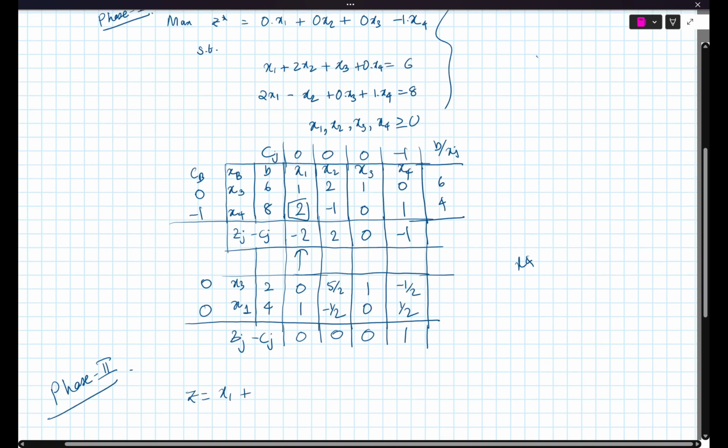Infinite solutions. Yeah, so that means we can bring this into the basic set, right? So one of the solutions here is x2 equal to 5 by 2, x4 equal to 3 by 2, and x1 equals 0, x3 equals 0. But we can bring in a basic feasible solution into this.